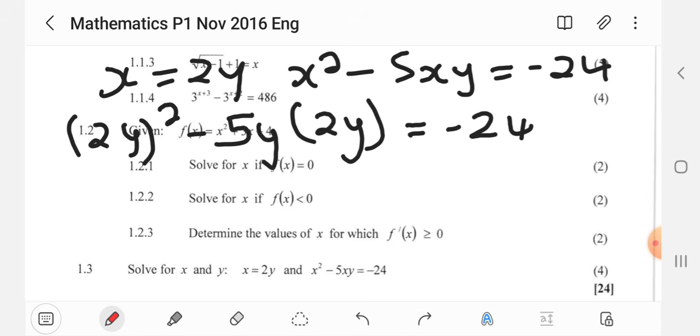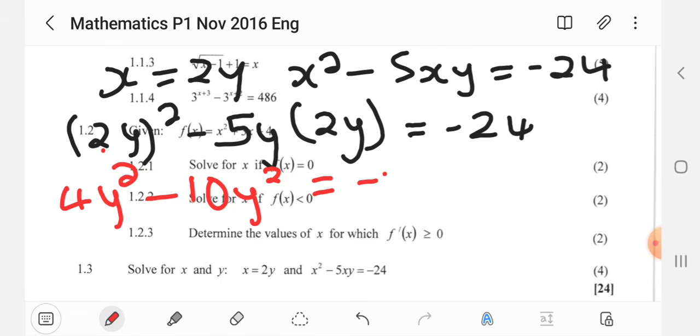So we will have 2 to the power of 2, and that is 4, and then y squared. Then 5 multiplied by 2 gives us negative 10, and y multiplied by y gives us y squared, equals negative 24.